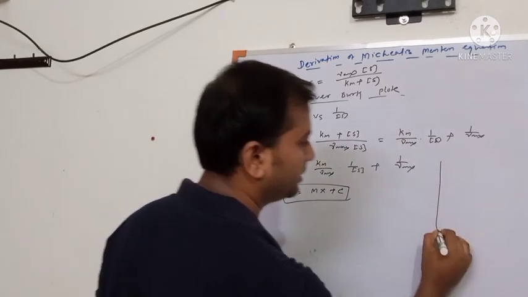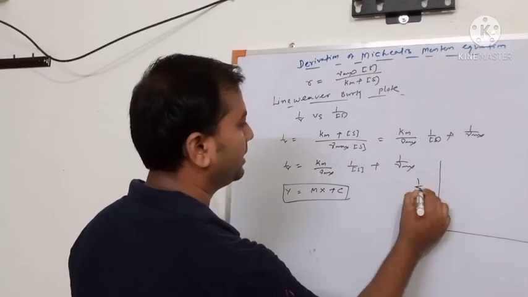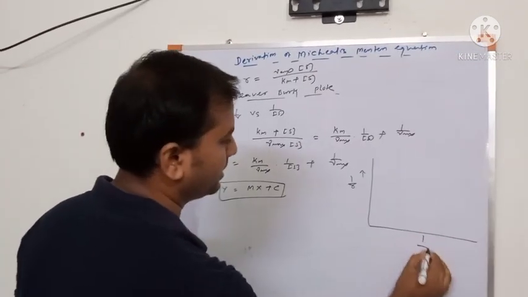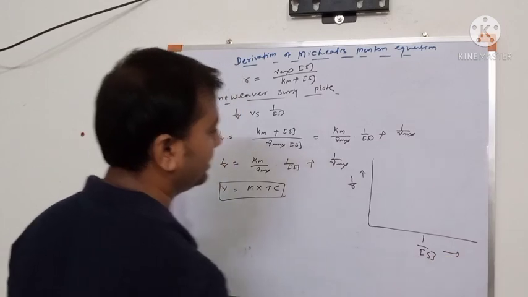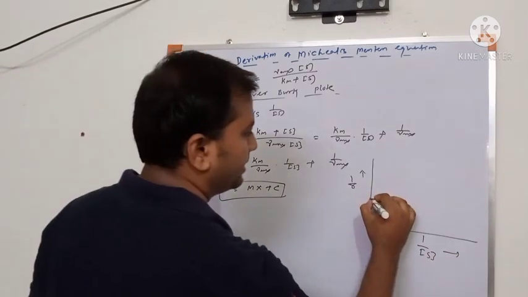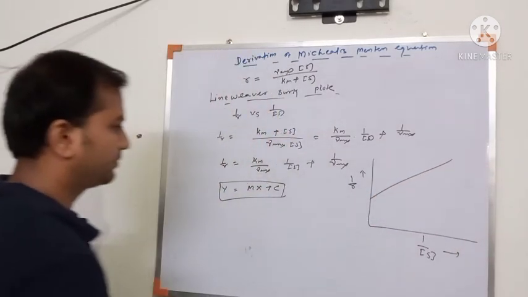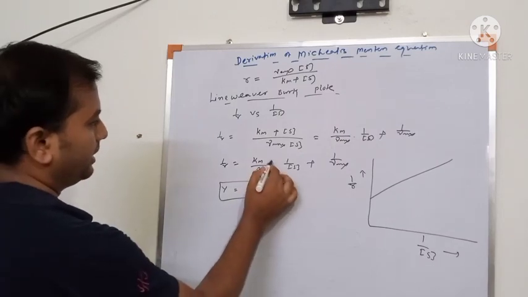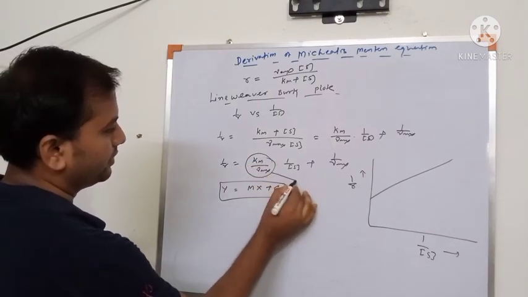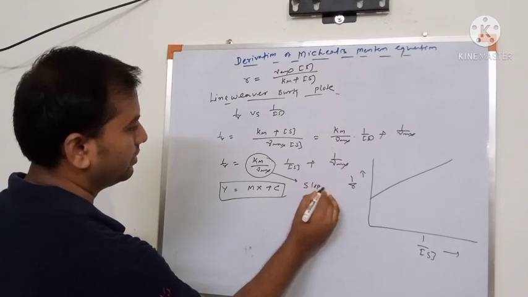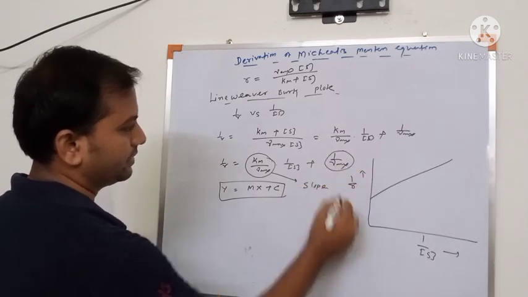So plot 1 by R versus 1 by concentration of substrate. This is the plot, where this is the slope of this equation, and this is the intercept.